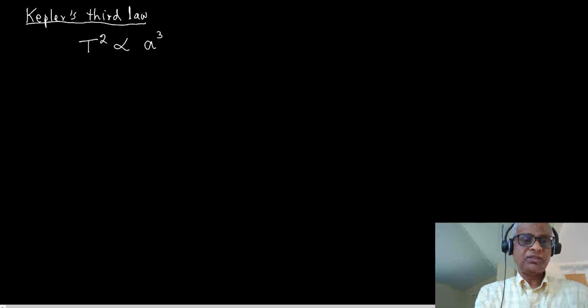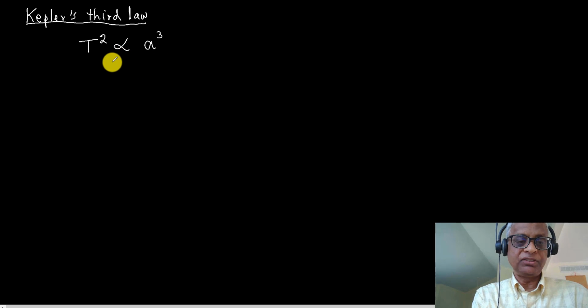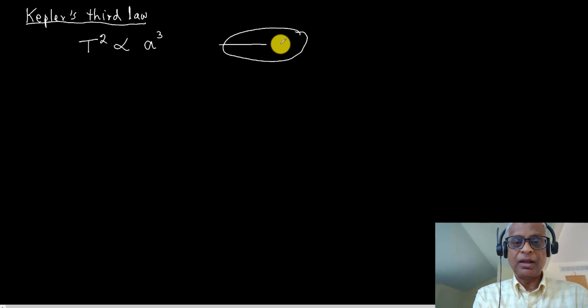A student requested that I post this derivation for Kepler's third law. If you remember, Kepler's third law is about planetary motion, which is elliptical, and this distance is the same as your axis, and this is equal to 2a.